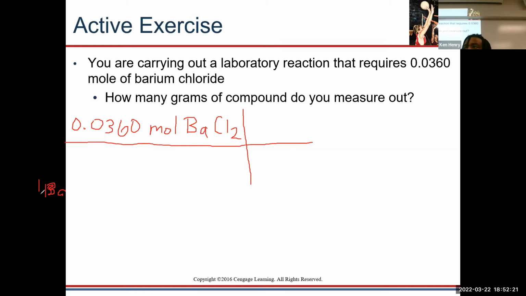Okay, 137.3. And then how many Cls do I have? I have 2 Cls, and each one weighs how much? 35.45 times 2.